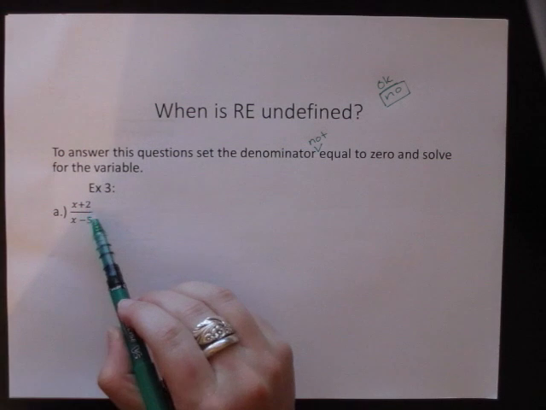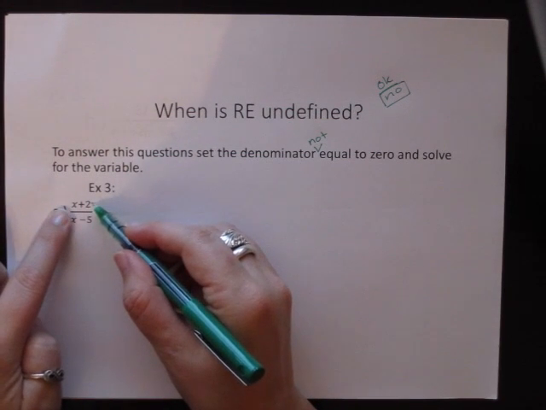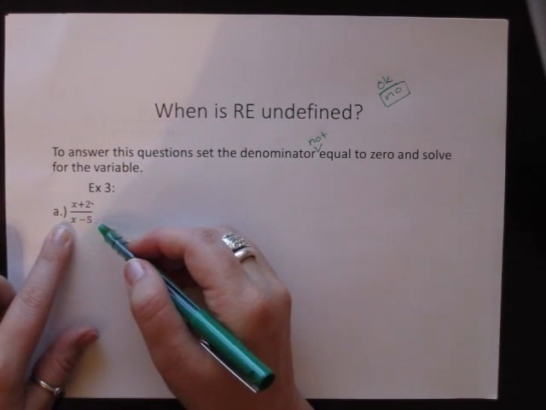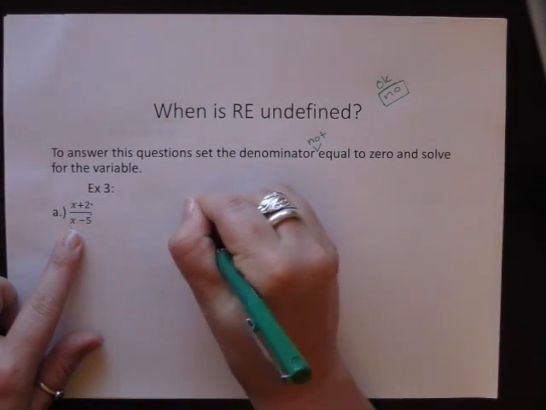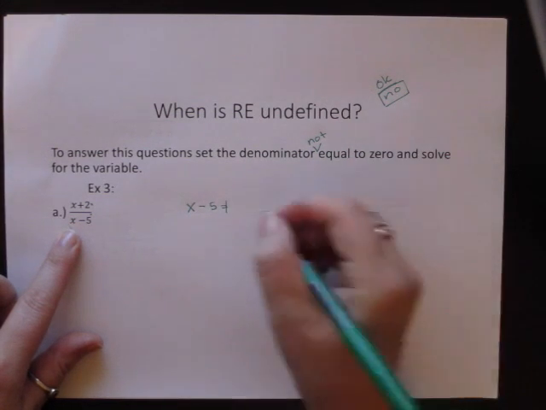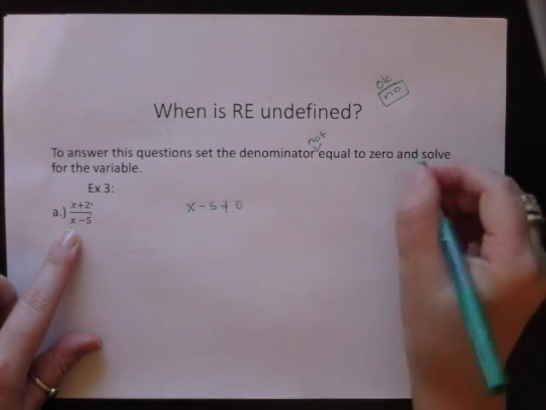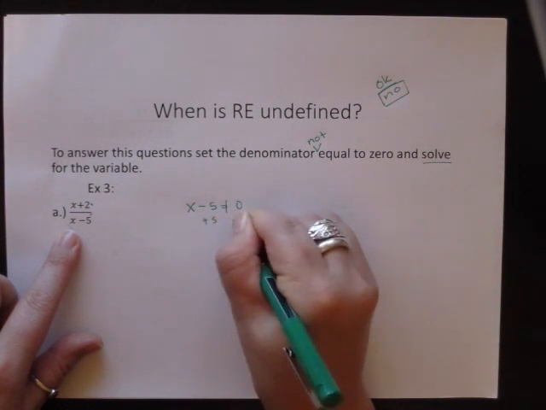So if I have x plus 2 over x minus 5, and I'm trying to figure out where it's undefined, we don't care about the x plus 2, but we do care about the x minus 5, because we can't have this equal to 0. So I set my denominator not equal to 0, and then I solve for the variable. I've got to get x by itself, so I would add 5 on both sides.